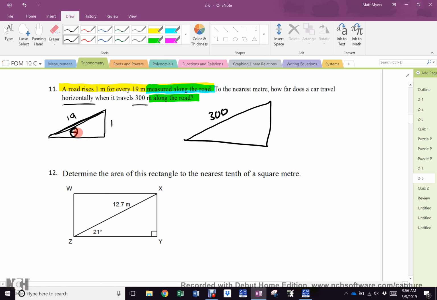What would I use, sine, cos, or tan? Sine, opposite and hypotenuse. And if I know that theta, do I automatically know red theta? Why? Because it's the same road, right? So if I know this theta, and I want the horizontal measurement, which is right there, here I use sine, here I use what?